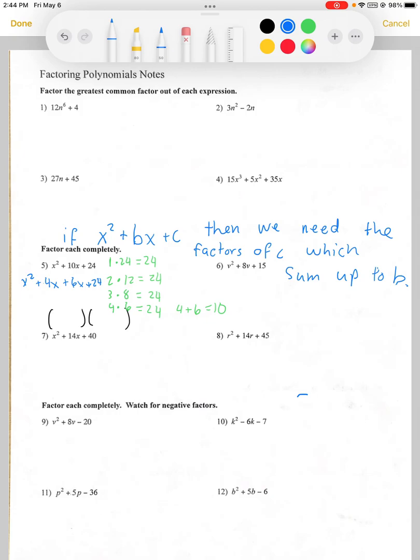So now from here, we can rewrite our answer to fit this particular format. Well, we know what the variables have to be, x and x, because nothing else is going to multiply to equal x squared. So let's go x plus 4 and x plus 6.